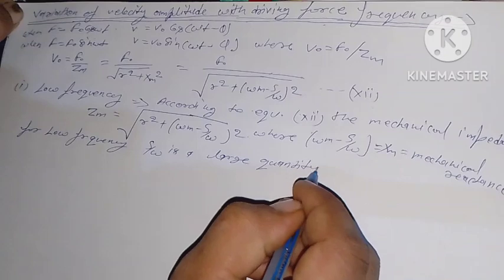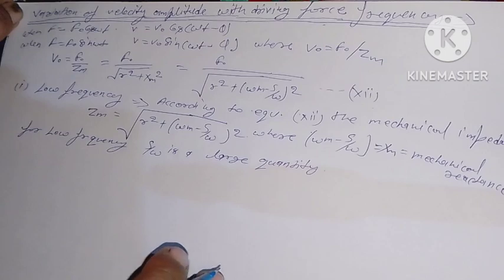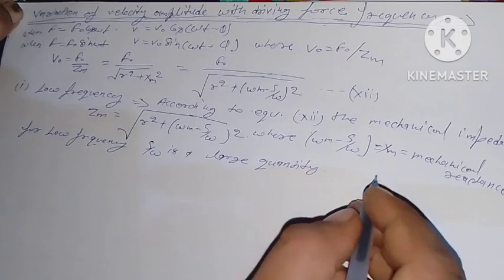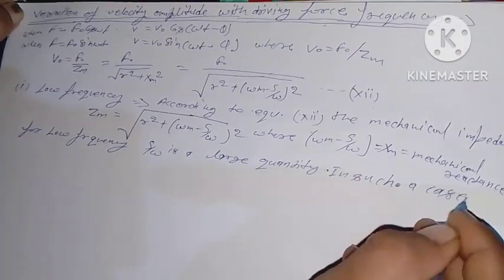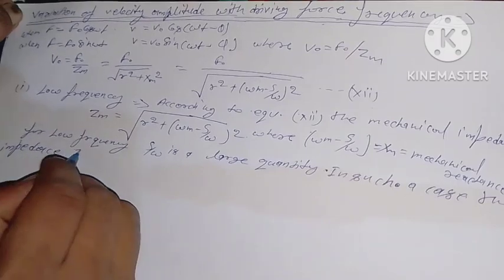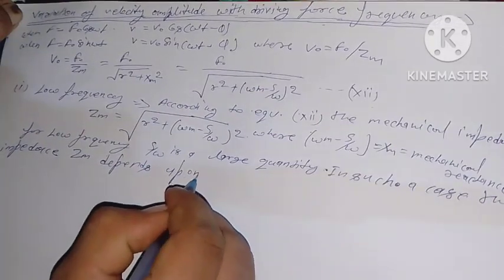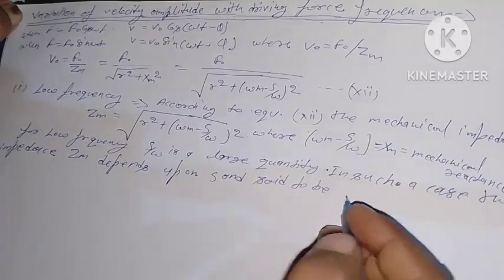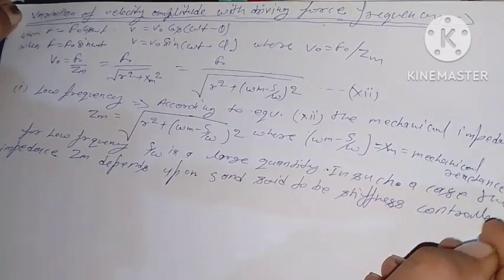In such a case, the impedance Zm depends upon s and is said to be stiffness controlled.